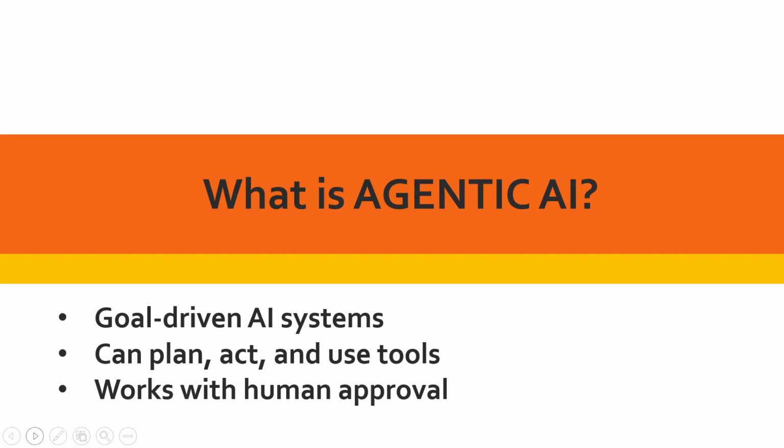However, they are not autonomous in an uncontrolled way. Well designed agents operate within defined boundaries with clear approval points and accountability. Understanding this distinction is critical to using agentic AI responsibly.